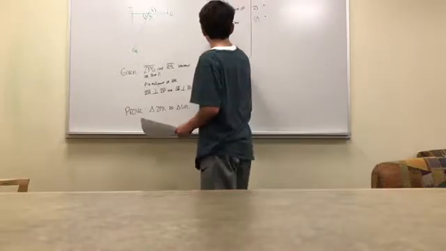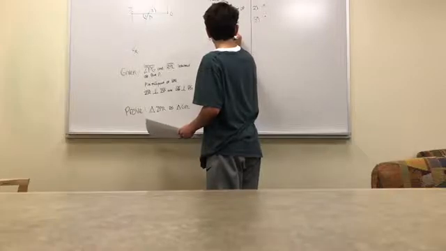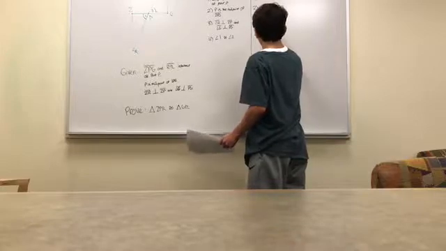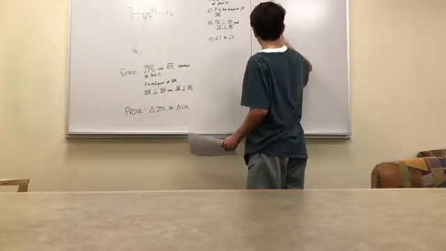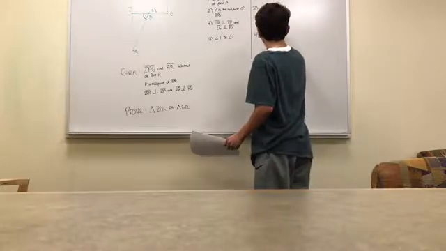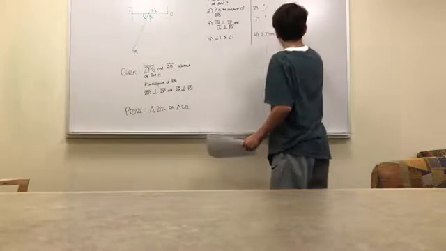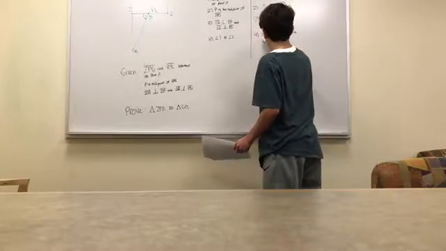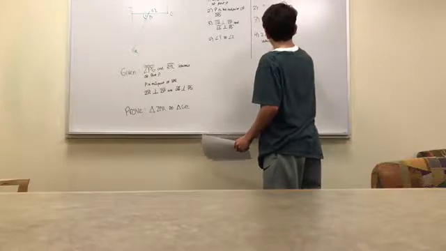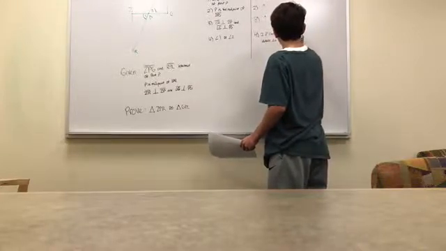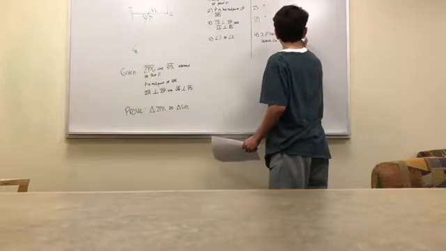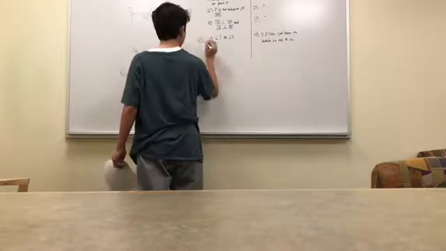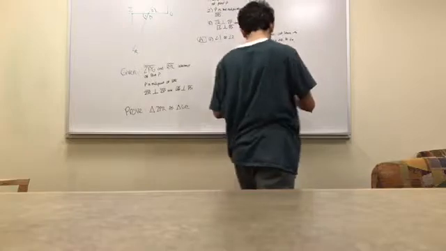So we're going to say angle 1 is congruent to angle 2, and we know that because vertical angles are always congruent angles. Okay, so that's going to give us an angle right there.